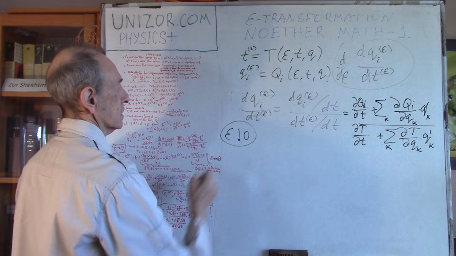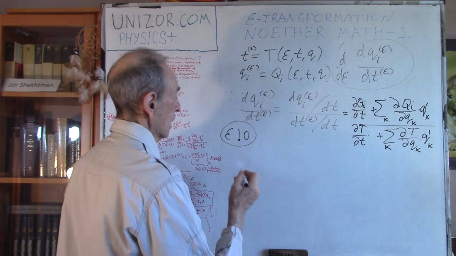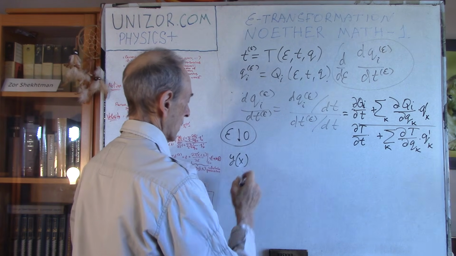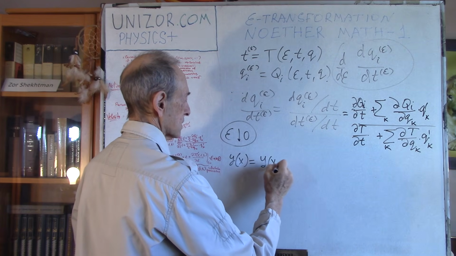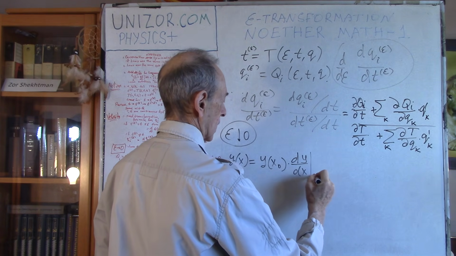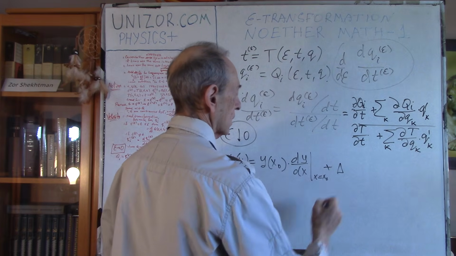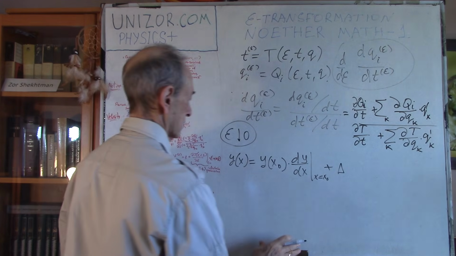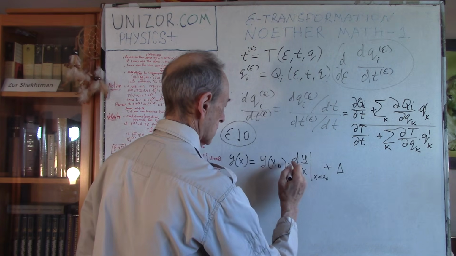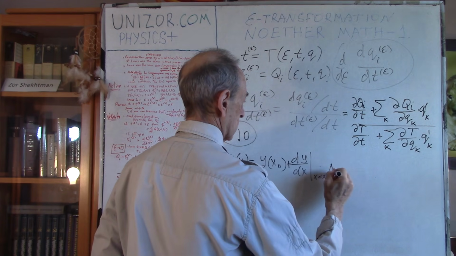Since we are assuming this, we can use Taylor's formula, where if you remember, if you have, let's say, y of x, y of x can be equal to y of x0 plus dy by dx at point x equals x0 times delta x.